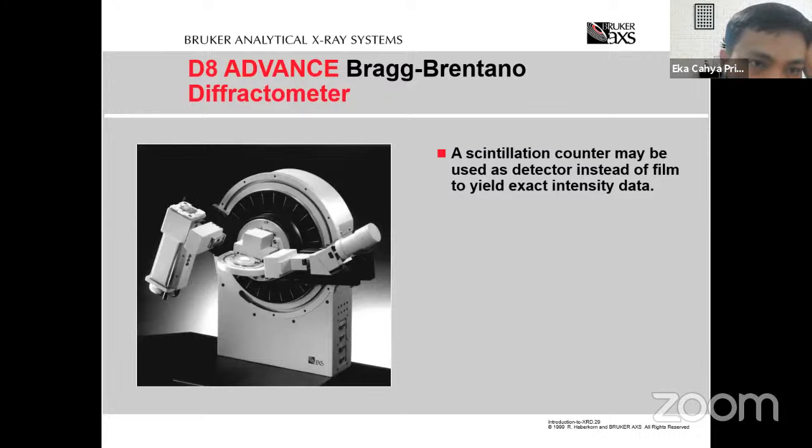Here, maybe I can show you the X-ray apparatus. Do you know how expensive an X-ray machine is? It is 3 to 4 billion rupiah for one piece of equipment. It is very expensive, right?